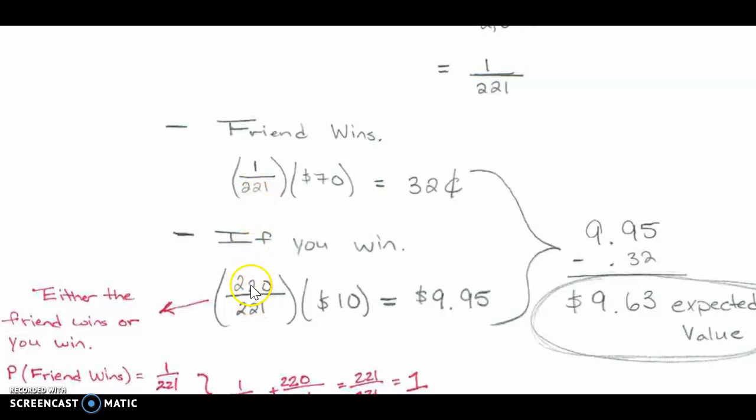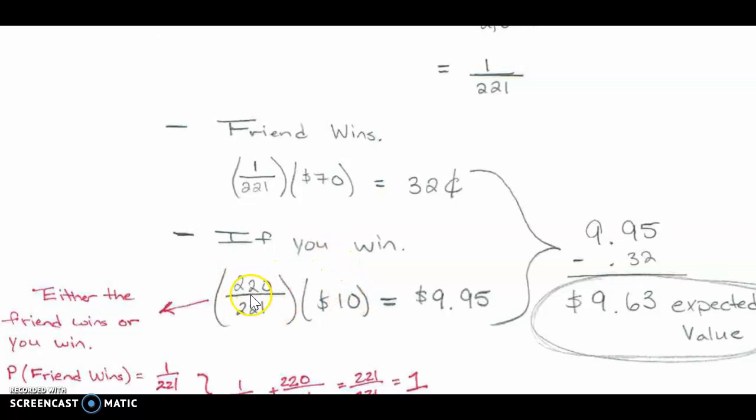Your probability is 1 minus that 1 out of 221. So your probability of winning is a lot higher than his. And that makes sense because drawing 2 aces back to back is a very low chance. You have a better shot of winning this.